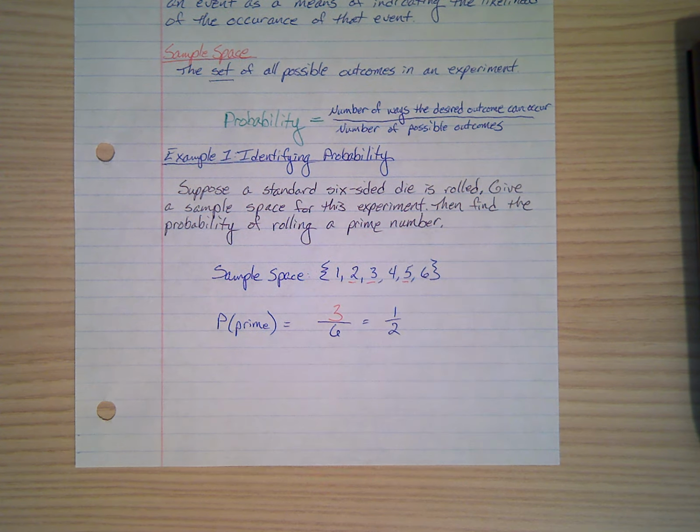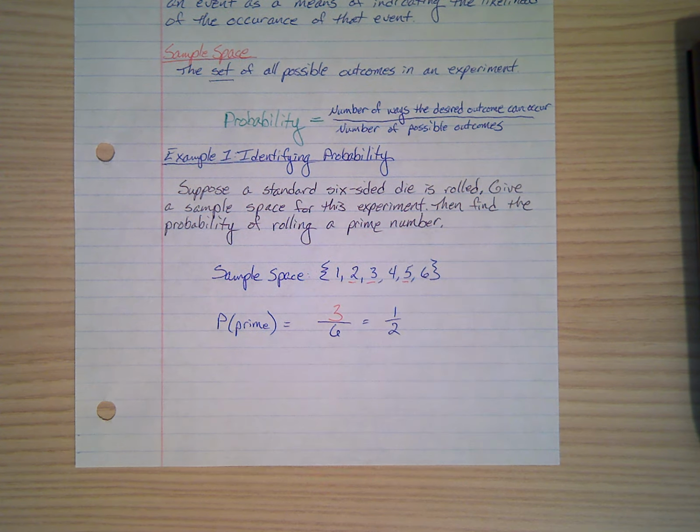So the probability of A or B happening is equal to the probability of A happening plus the probability of B happening, and then you also have to subtract any overlap between A and B. So let's say again with that die example, if you wanted the probability of prime or odd, well, that would be the probability of getting a prime number plus the probability of getting an odd number, but then you have to consider their overlap.